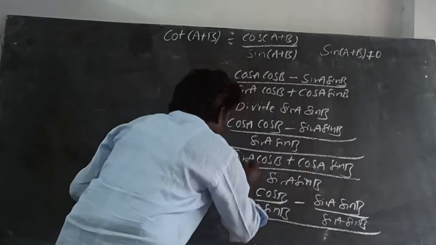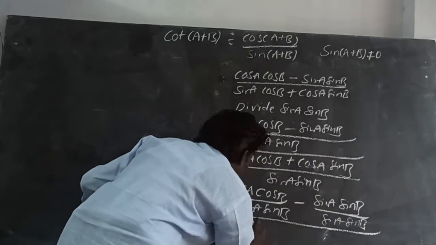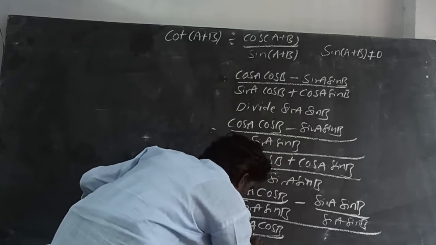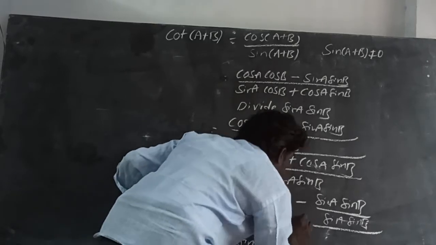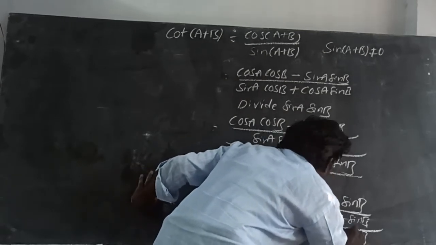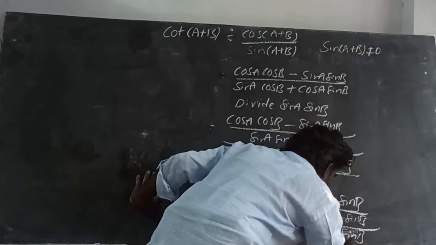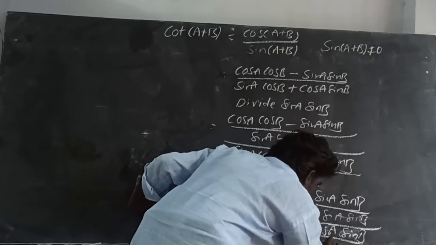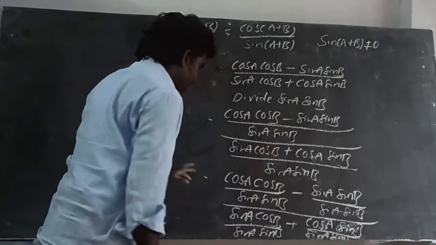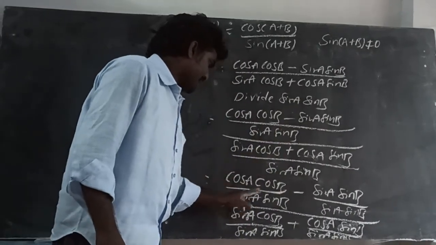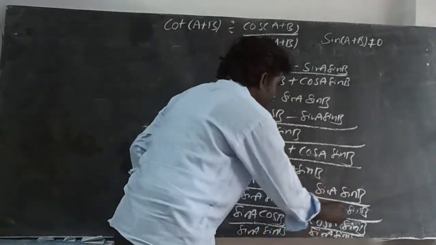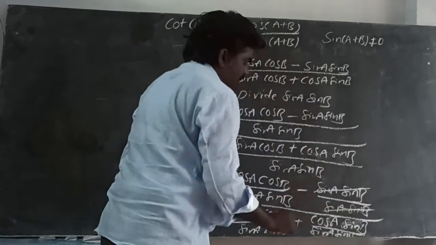Okay, so here cos A by sin A and cos B by sin B, that is cot A cot B, minus, numerator and denominator same, its value is 1.